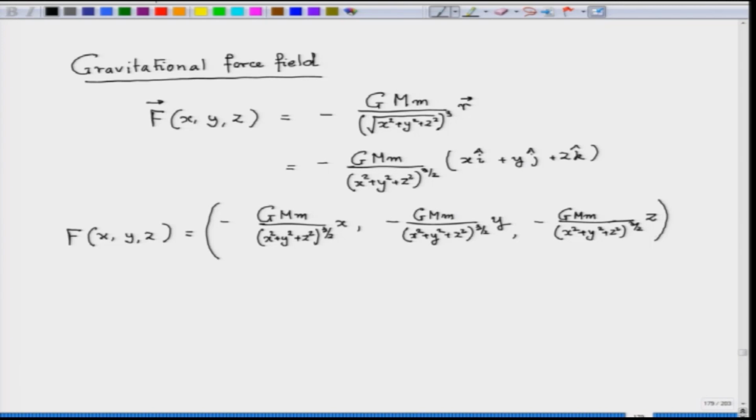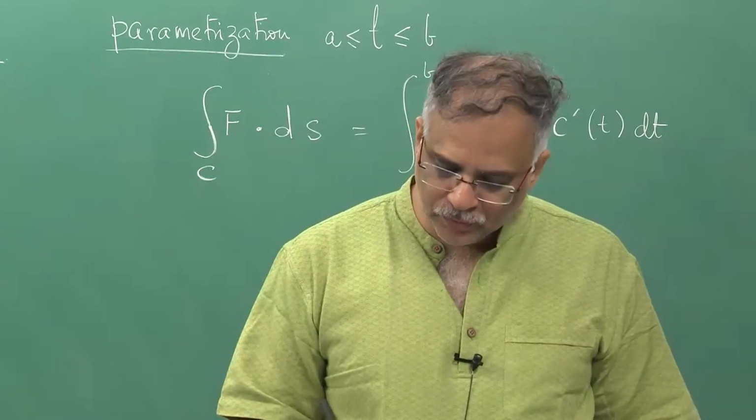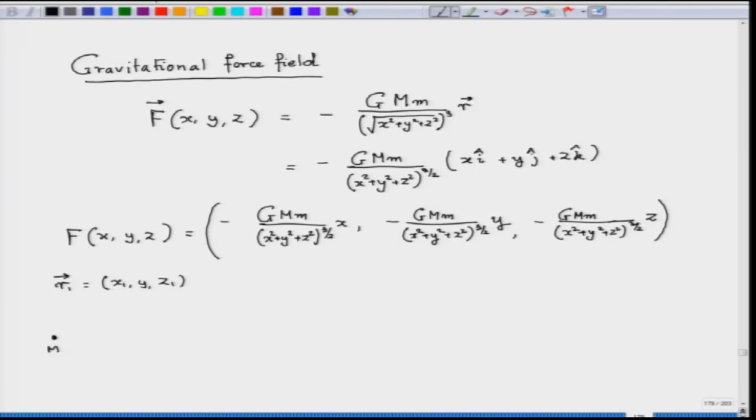Now, let R1 vector be given by a point x1, y1 and z1. So, I am moving the mass in a gravitational field from x1, y1, z1 to x2, y2, z2, that is R2. So, here is a big mass, here is the first position and then the second position.